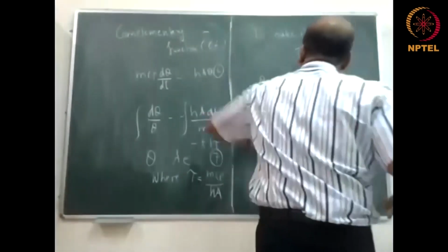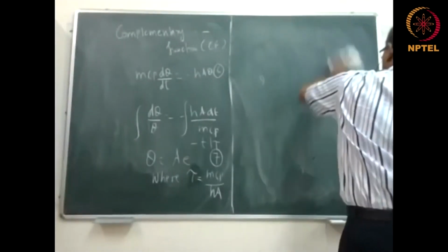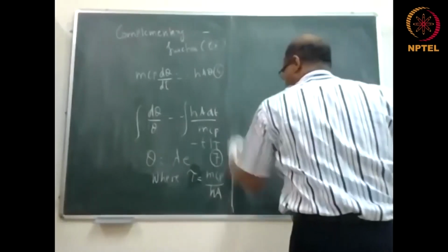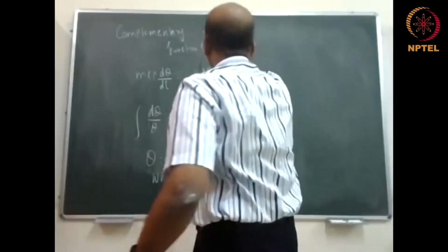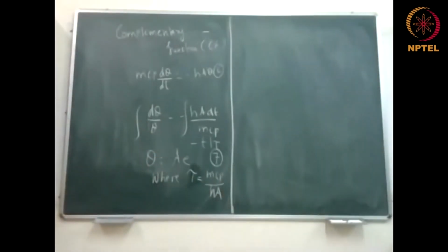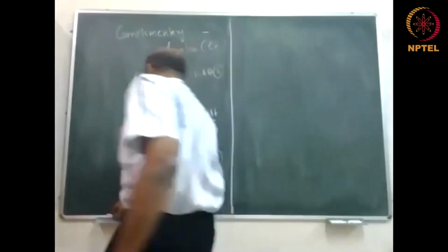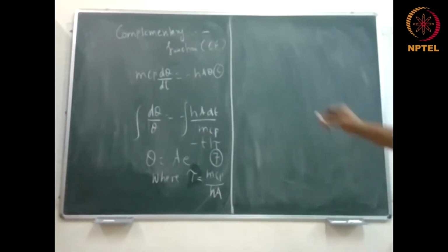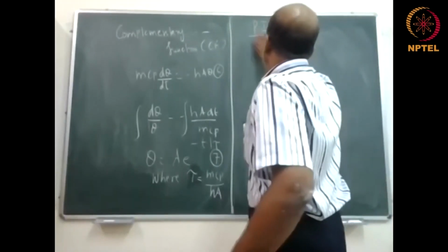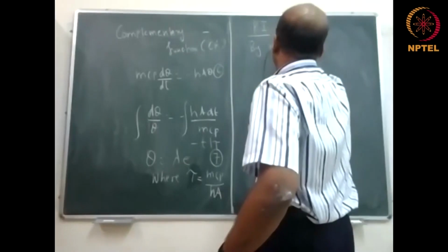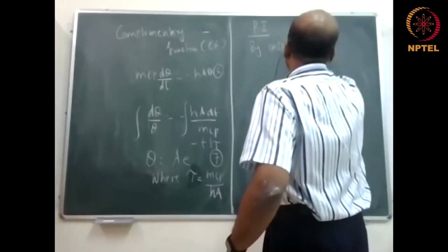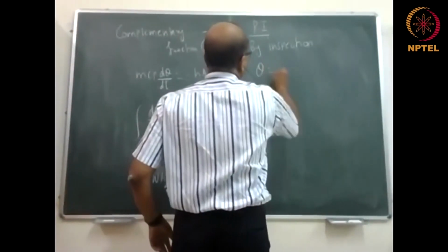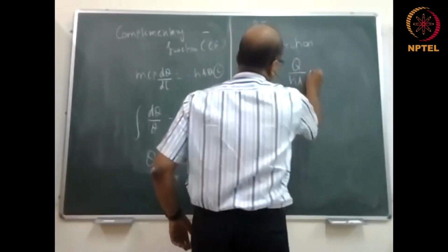All right. Now the particular integral is evident upon inspection. The particular integral by inspection: theta equal to Q by HA.